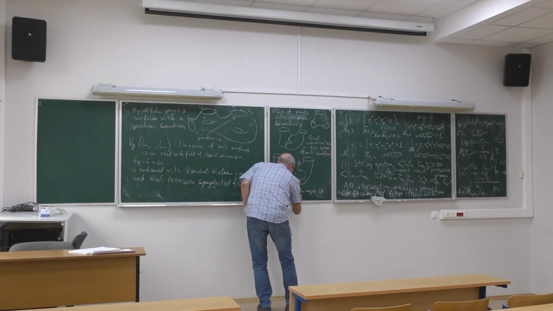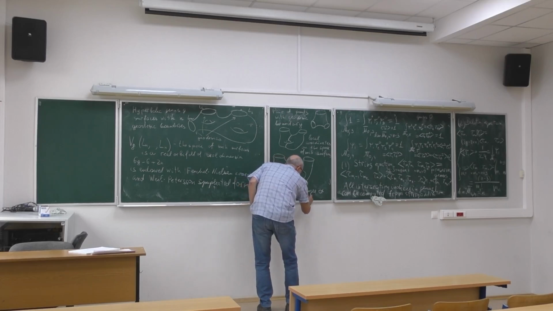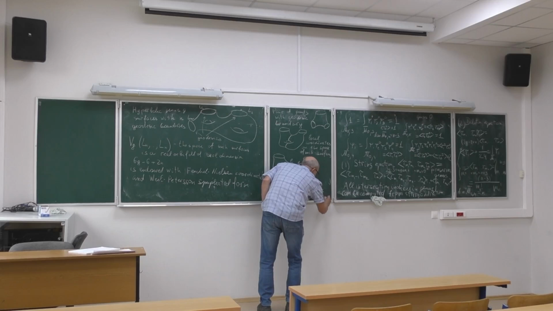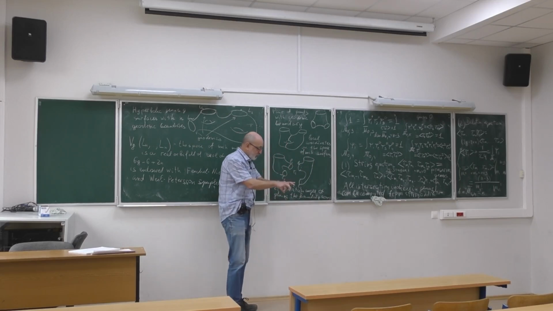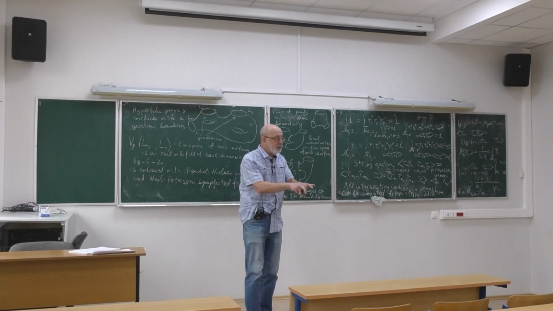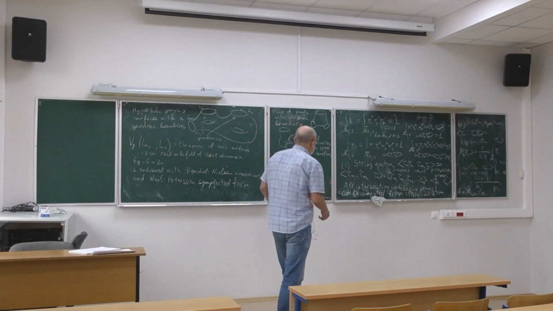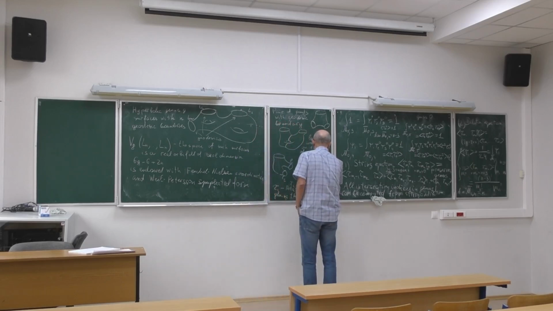At each boundary component where we do gluing, we get two coordinates. So here we have coordinates L1, tau1.